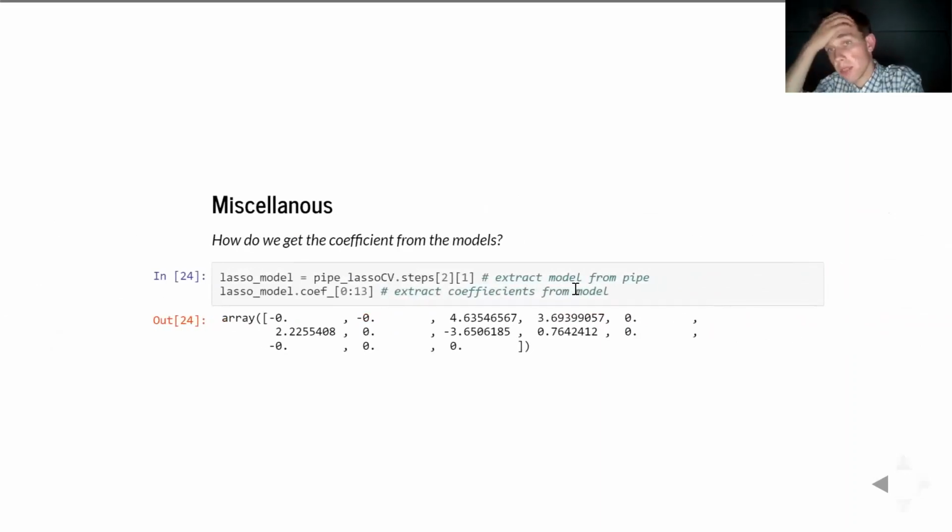And then finally, just a brief comment about how we obtain the coefficients from our models. This can be fairly useful in some instances. How do we do that? We can first access our model from our pipeline, referring to the pipeline and then the step that's associated with the model. Then we can write .coef_, and here I'm just getting the first 13 coefficients from this model.